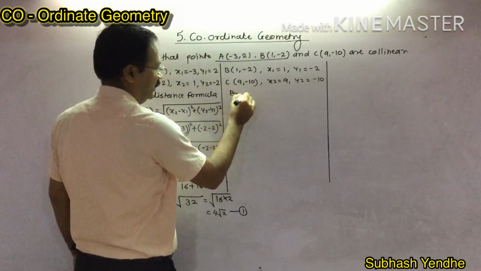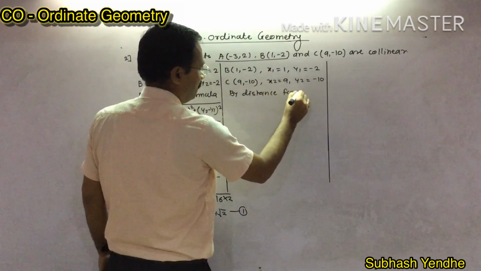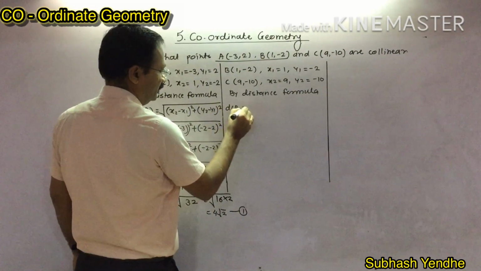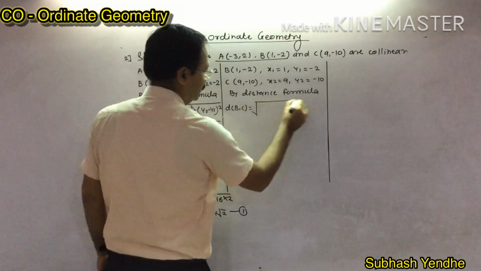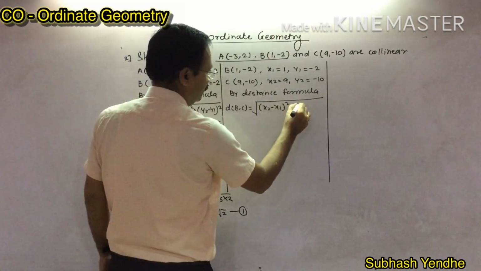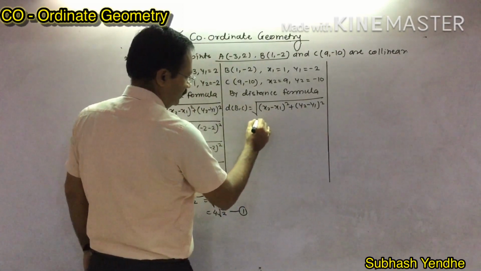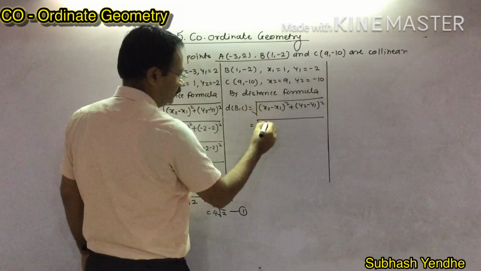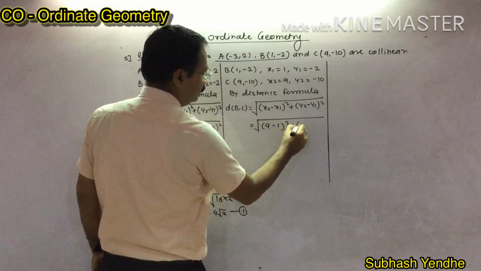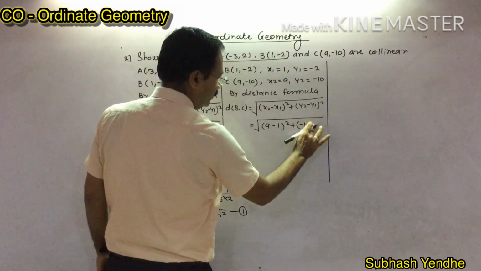By the distance formula, you will get distance BC equals under root x2 minus x1 the whole square plus y2 minus y1 the whole square. Then substitute the values. x2 is 9 minus x1 is 1 plus y2 is minus 10 and y1 is minus 2.